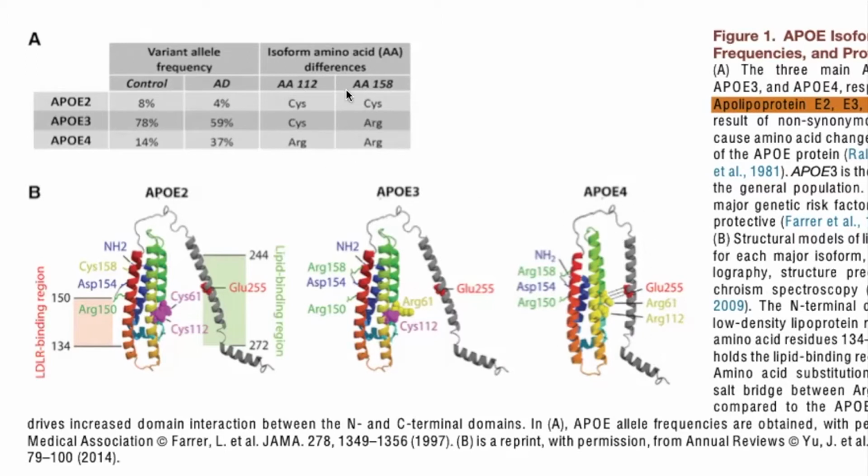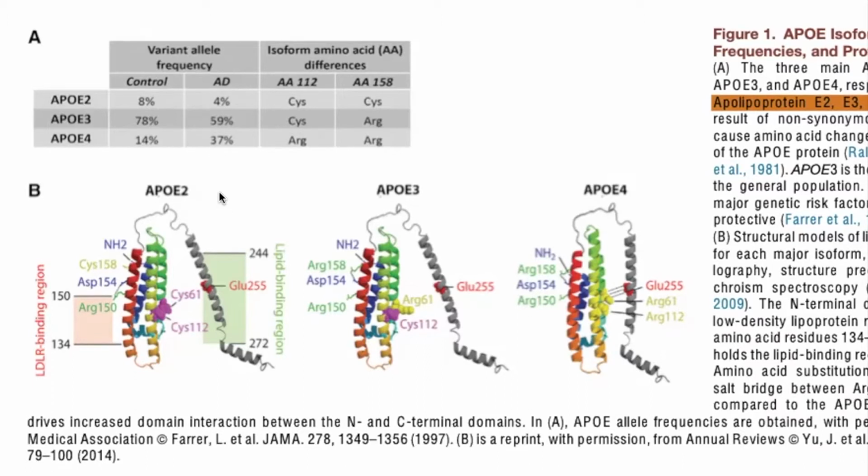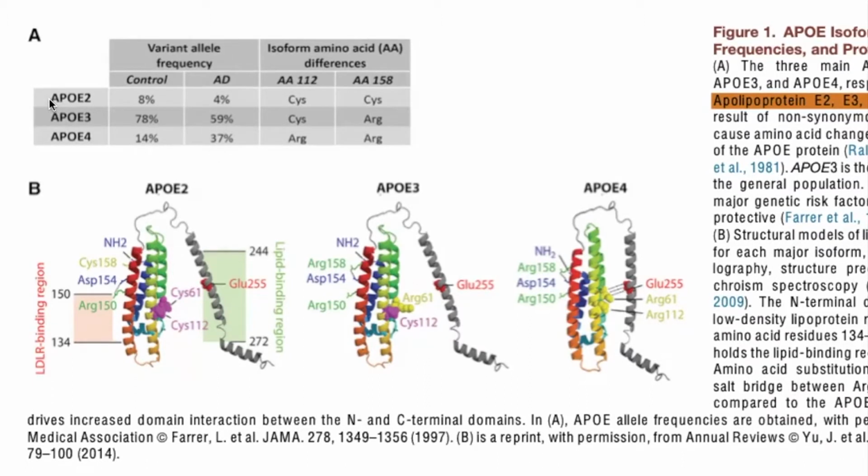And these different isoforms have a different percentage in the normal population and in Alzheimer disease patients. As you can see here, the APOE3 is the most common isoform.